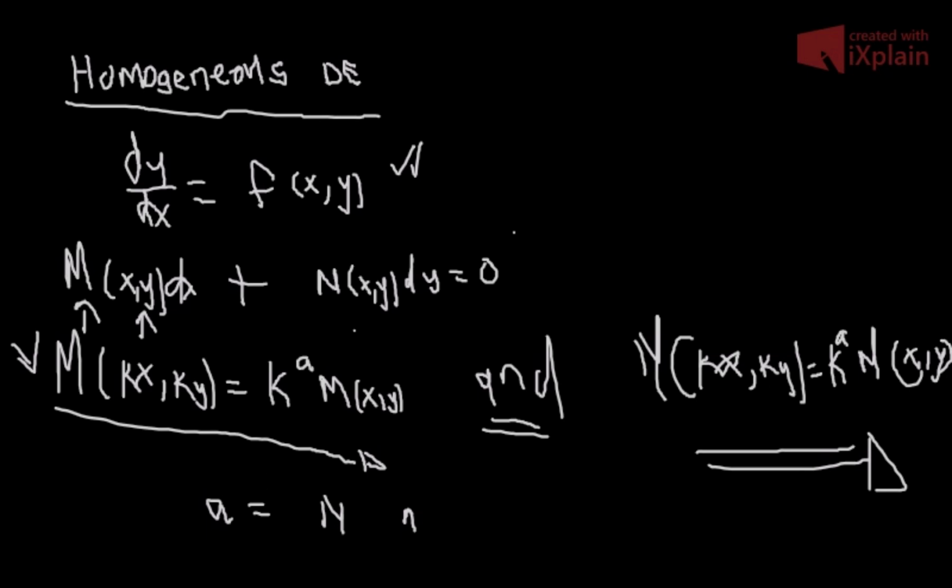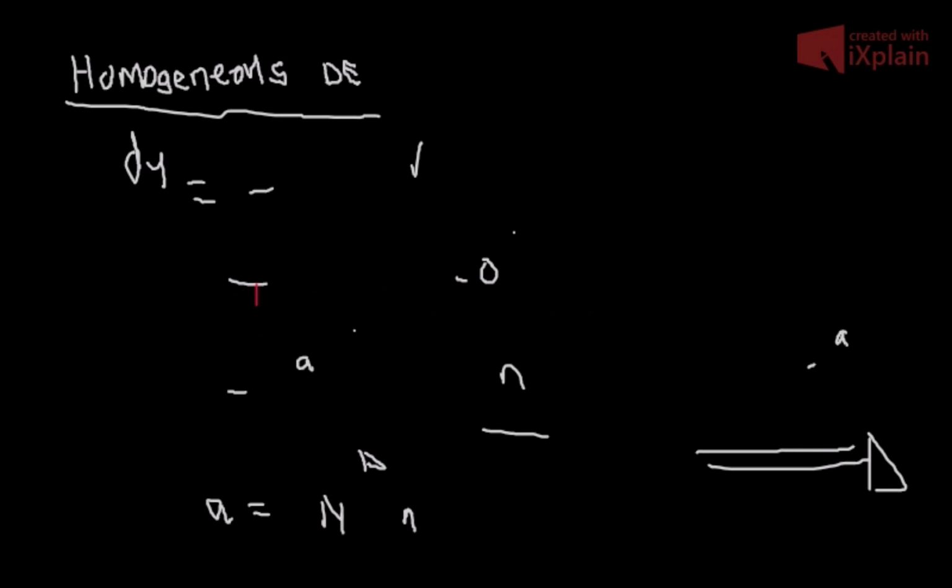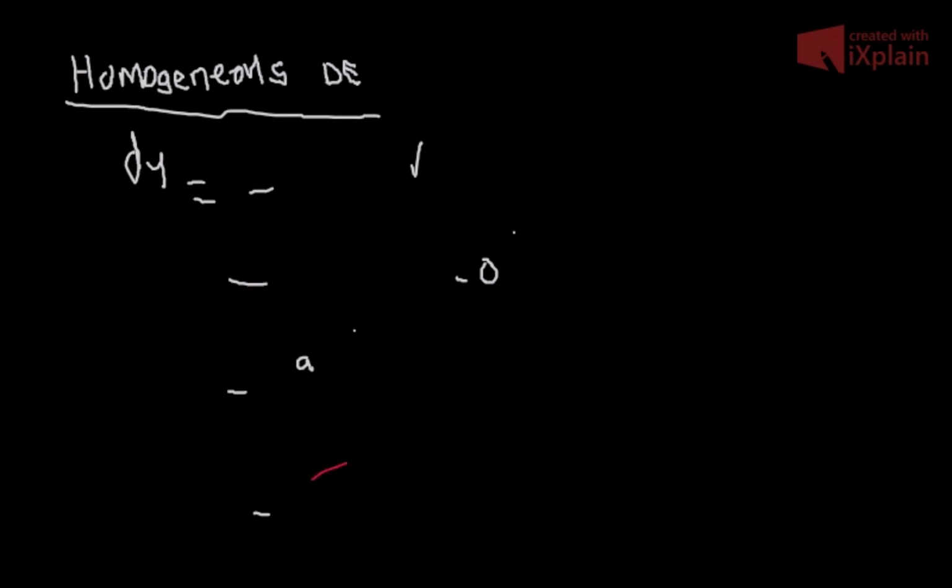Hopefully you copied the standard form and the formula somewhere, or you can go back and check them. Here I'm going to do an example of proving whether it's homogeneous or not, right?